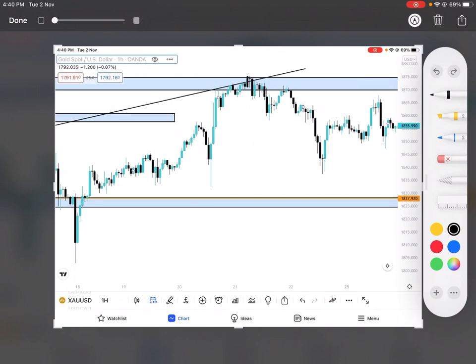Even though it goes a bit, the closing is above, but it still respects the resistance level. So the price comes back to the zone, pulls back, still respects the trend line, drop.